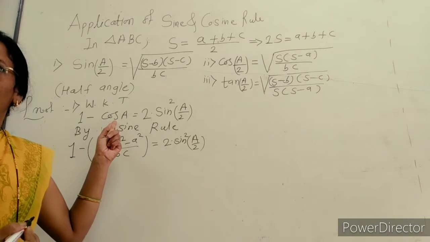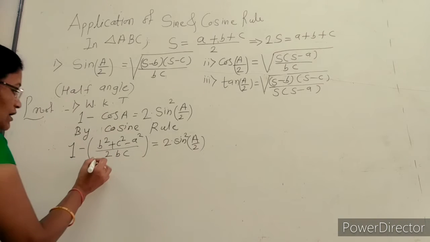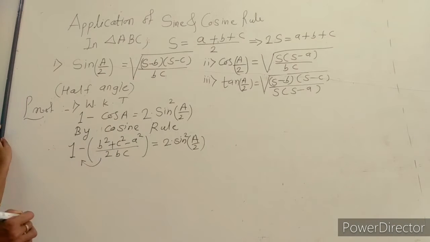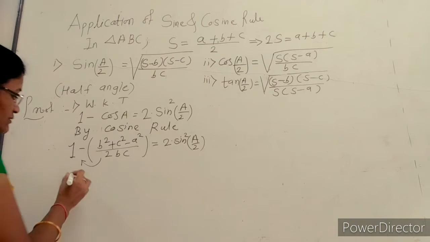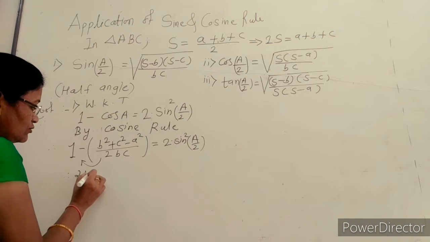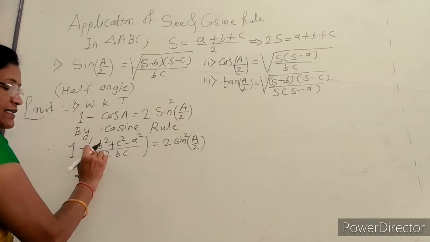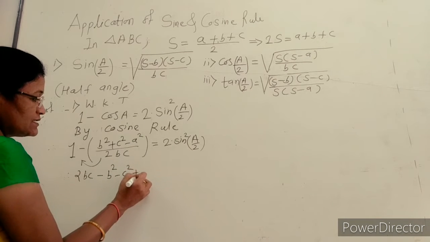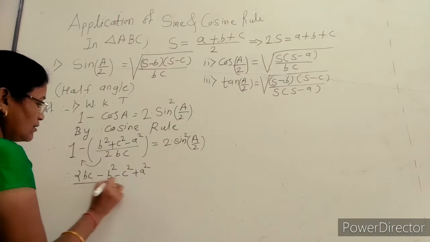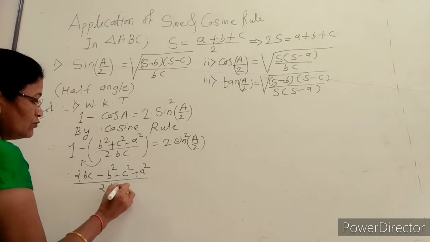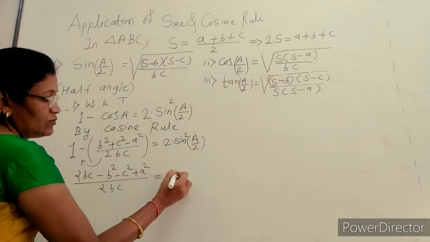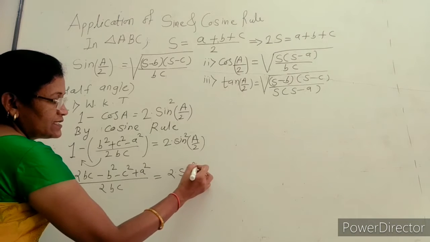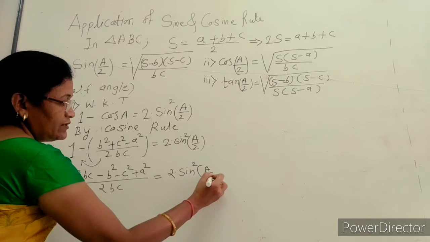Only we can take the value of cos A by using the cosine rule. Now for simplification, when we multiply 2bc with 1, that becomes 2bc. Now this minus sign is inserted inside the bracket: 2bc minus (b square plus c square minus a square), whole divided by 2bc, is equal to 2 times sine square A by 2.